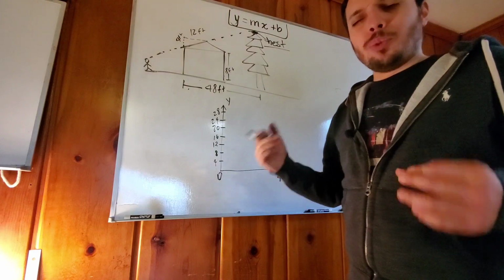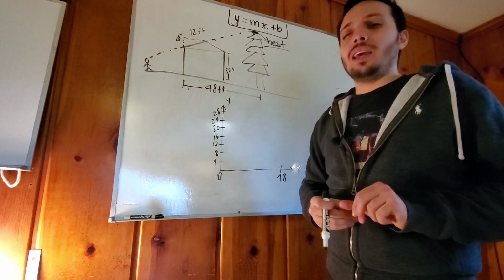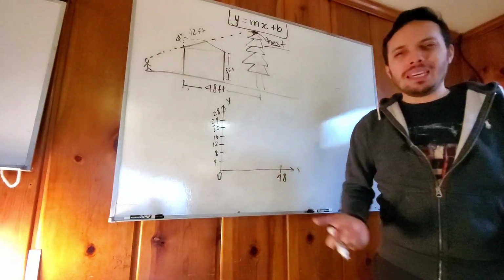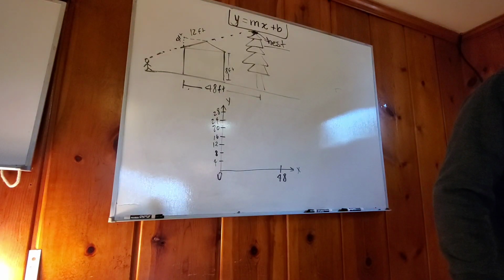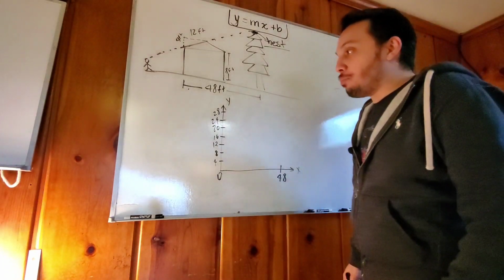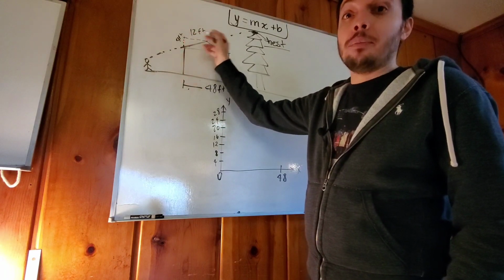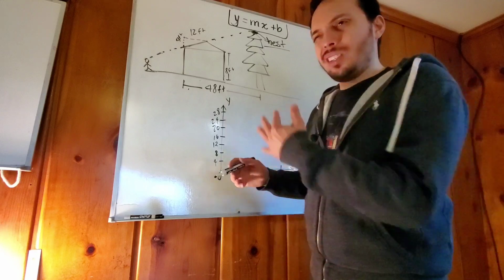Now, they tell you something really weird too, that the roof is 4 and 12. Again, what does that mean? I don't know. It's so weird. That's why I think it's so dumb. Apparently what that means is that you're supposed to know that this is 4 feet high by 12 feet long, just one side of the roof.